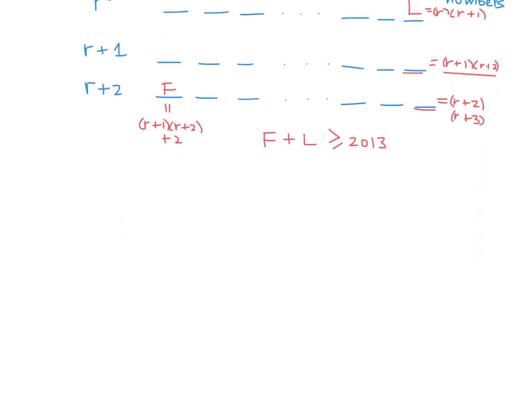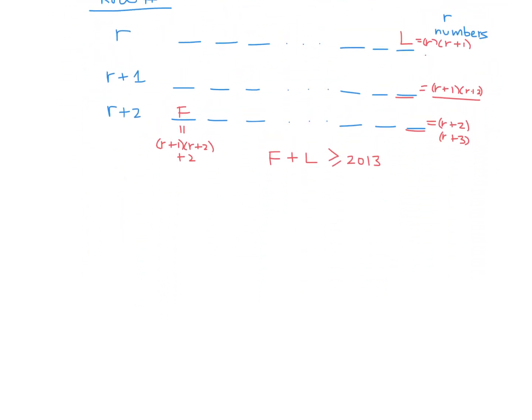Okay, all right. So I guess we have to substitute in our definition. So F is R plus 1 times R plus 2 plus 2, and then L is R times R plus 1, greater than or equal to 2013. Okay, and then we have to solve this. So this is most likely going to be a quadratic, I think.